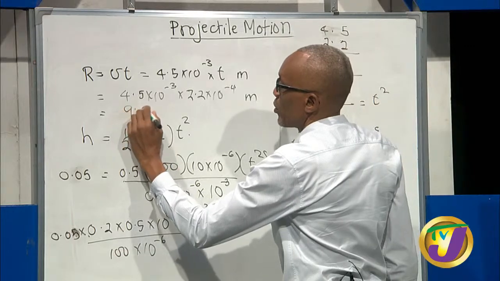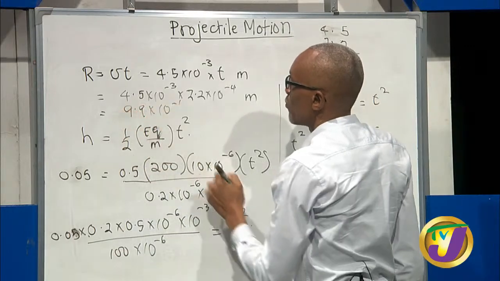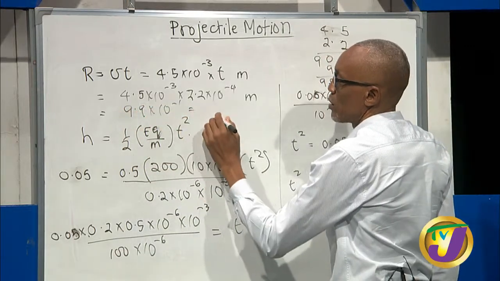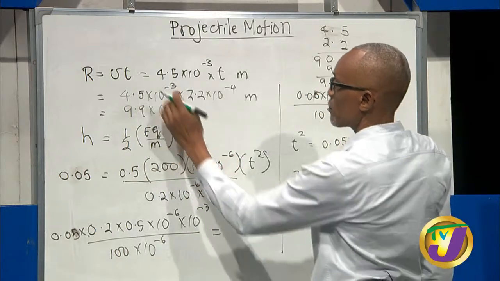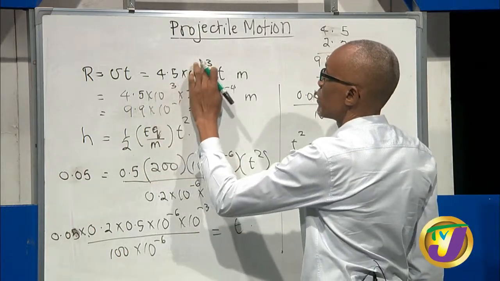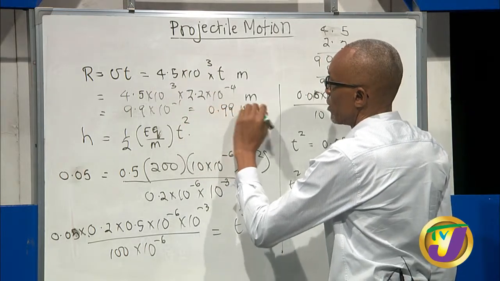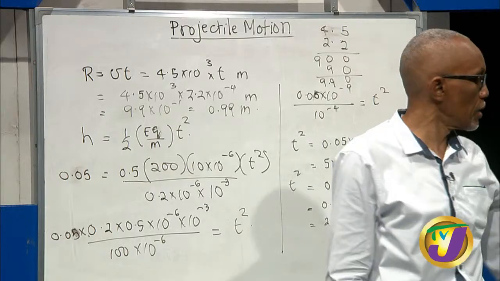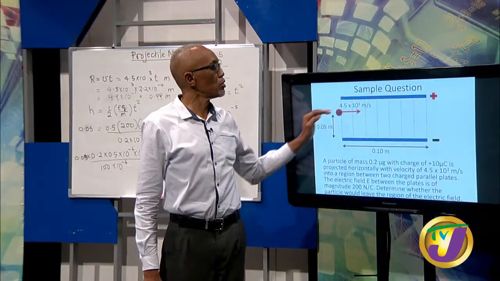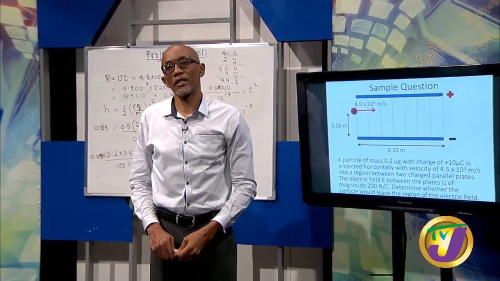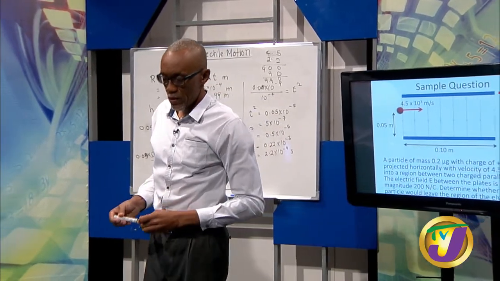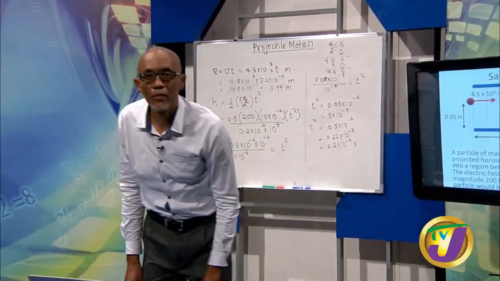That would be 9.9 by 10 to the negative 1, and that will be 0.99 meters, which is greater than 0.1 meter, so this thing would escape the electric field.